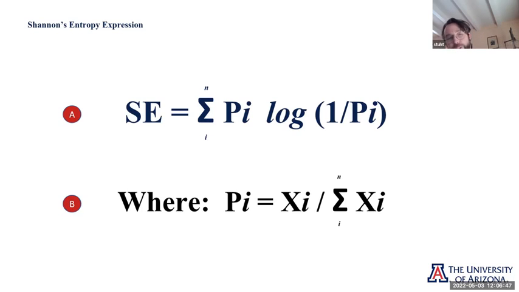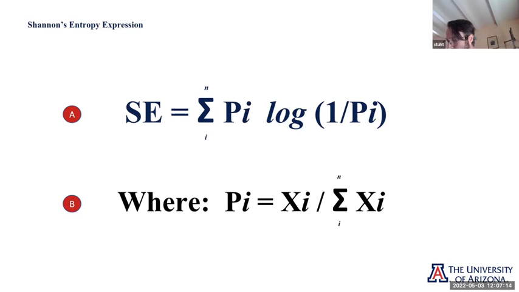Looking first at expression B, xi, or observations, is the quantity of the developed variable found in each buffer. Observations xi must be expressed as proportions pi by dividing each observation by the sum of all observations. The i basically in math stands for imaginary number.